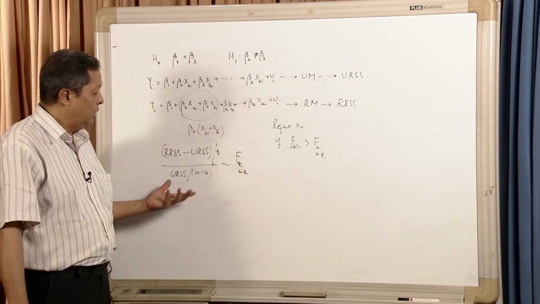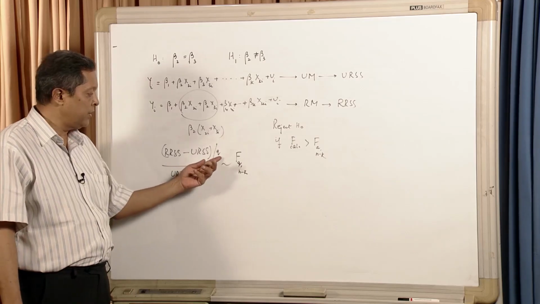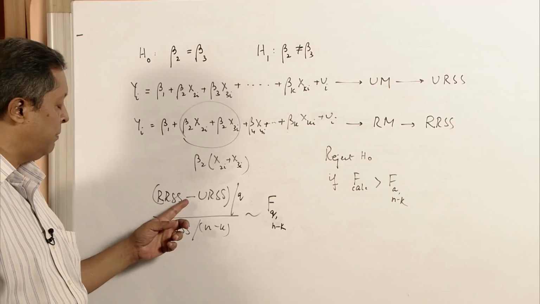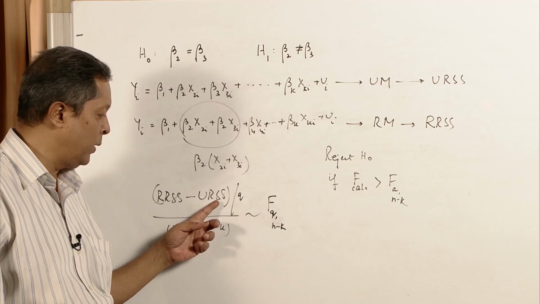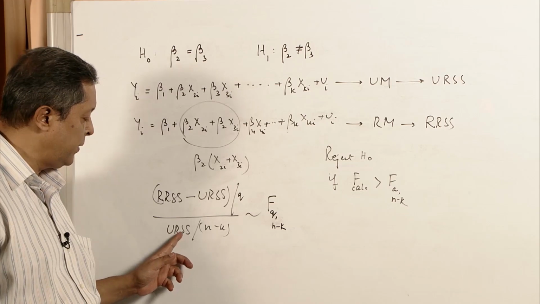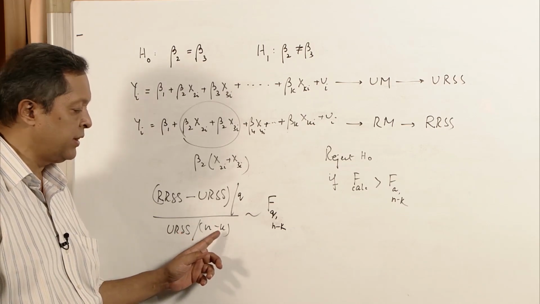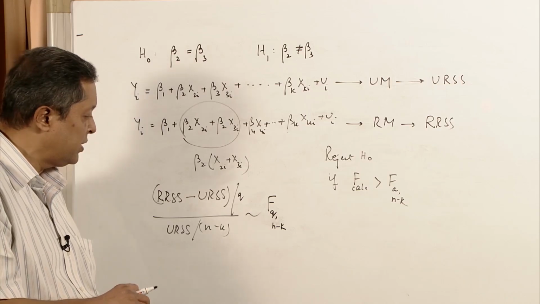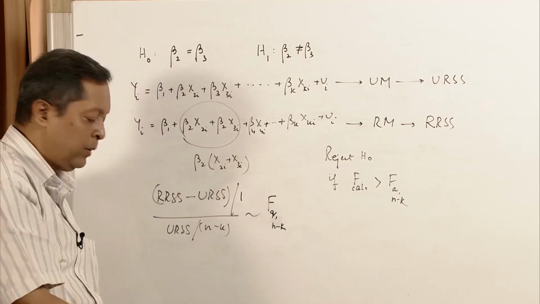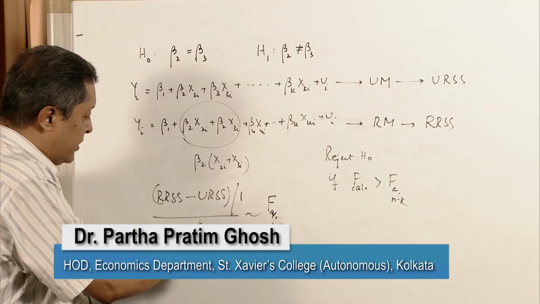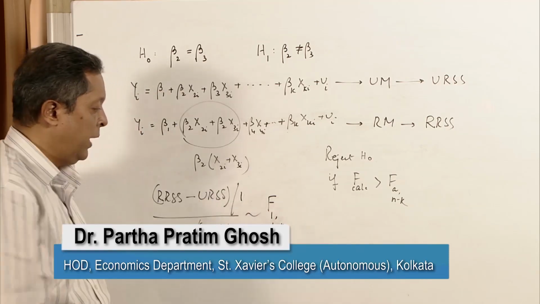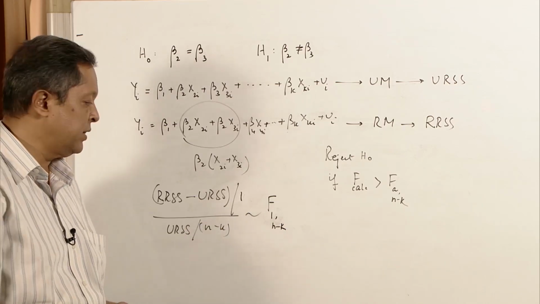For example, if there are q restrictions, then the test statistic becomes restricted residual sum of squares minus unrestricted residual sum of squares divided by the number of restrictions q, all upon unrestricted residual sum of squares divided by n minus k. In the example that we have given just now, we have one restriction, beta 2 equal to beta 3. So, this q is replaced by 1 and this remains n minus k, and this is now F with 1 and n minus k degrees of freedom.